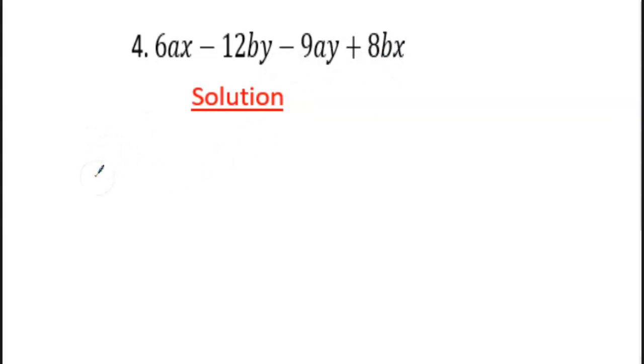We can rewrite this as 6ax plus 8bx minus, you can have 9ay minus 12by.